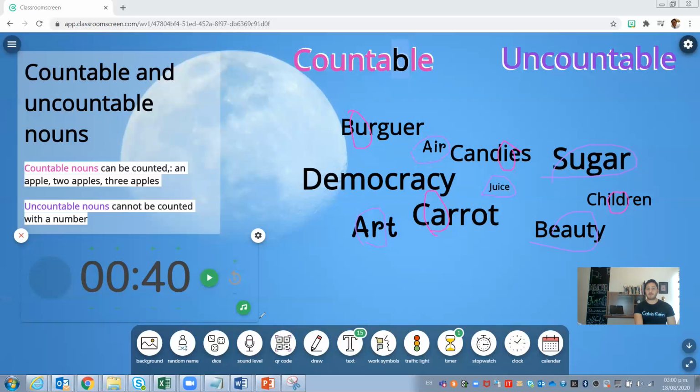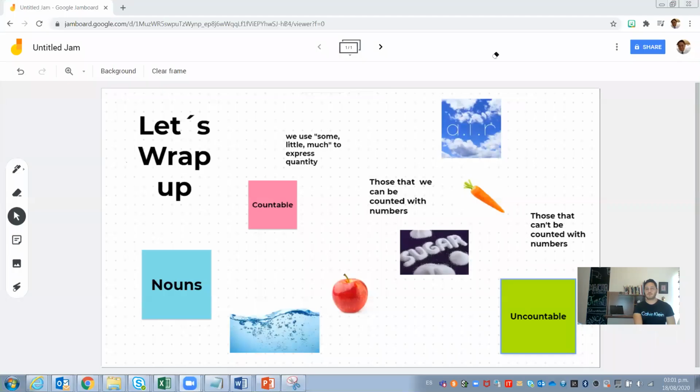So let's wrap up. Let's make this exercise to wrap up the lesson. Let's organize these ideas into a mental map, starting with nouns, and we continue.